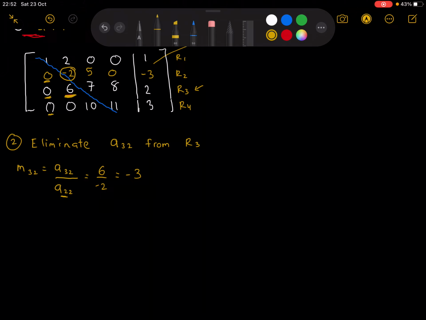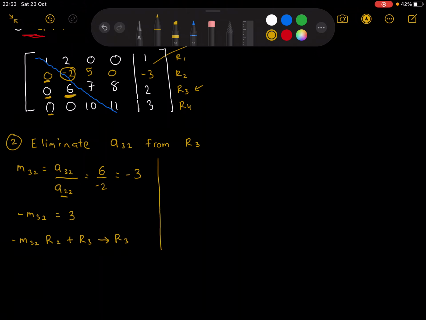So negative M32 is equal to positive 3, and the equation is negative M32 multiplied by R2, then we're going to plus row 3, then transfer it into row number 3.